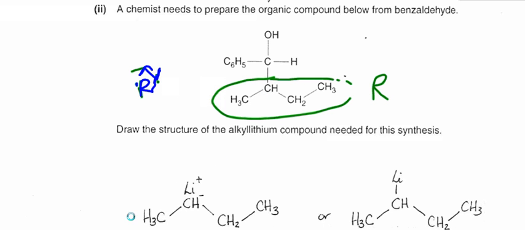And I think drawing it this way, though both of these structures were allowed, drawing it this way, you can clearly see that it was a lithium plus. Once that is lost, you're left with a carbon with a negative charge, so that will act as your R minus, your nucleophile. So you've got 2 options of how to answer that question there.